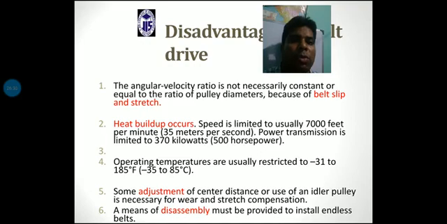Speed is limited to usually 7,000 feet per minute, which means 35 meters per second, and power transmission is limited to 370 kilowatts, that means 500 horsepower. It is actually tolerable.